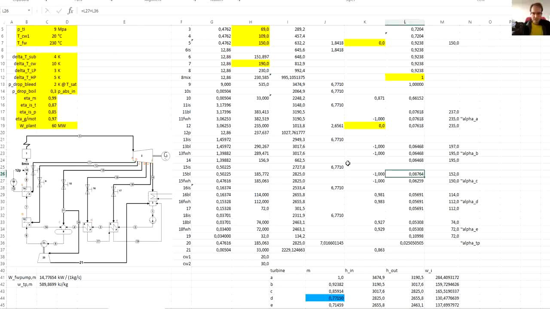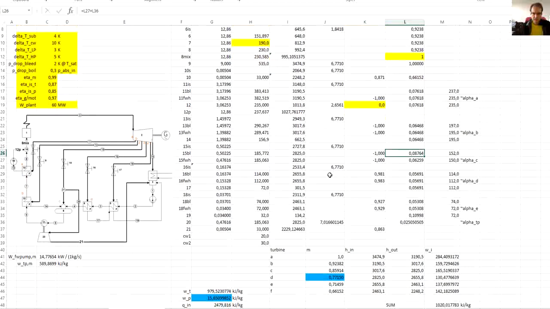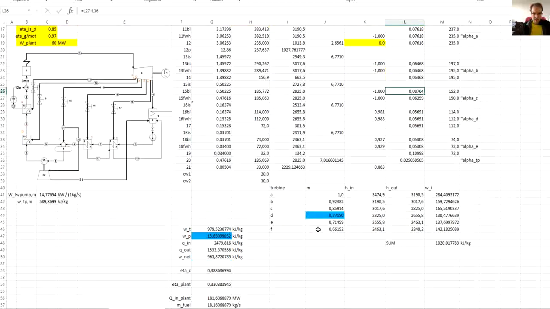So this problem is fixed. Now the turbine itself, we just fix that as well, because now we have the mass flow rate in the sections downstream of the turbine bleed referenced to the correct mass flow rate.